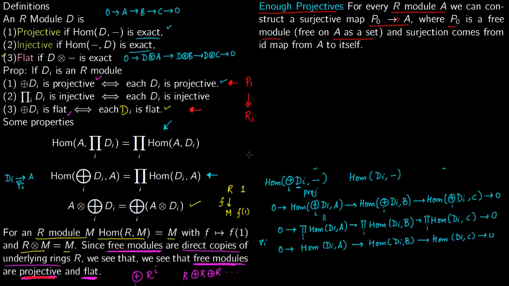Then you say, I will pick another R module R2, and I will give you another projective P2. These projectives are nothing but free modules, and since free modules are projective, we are just calling them P1, P2, and so on. So you pick up any R module and I will give you a corresponding projective module, and that's why they say there are enough projectives in this R module category. Say if R modules formed a category, there are enough projectives in it.